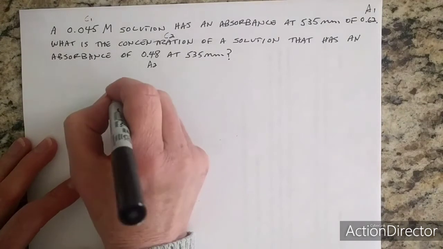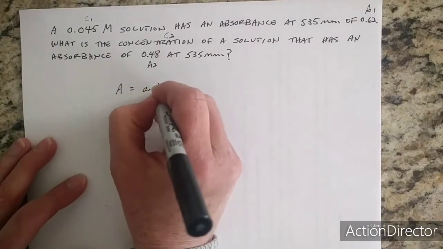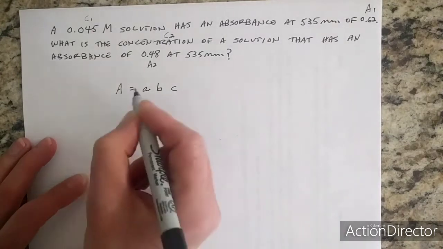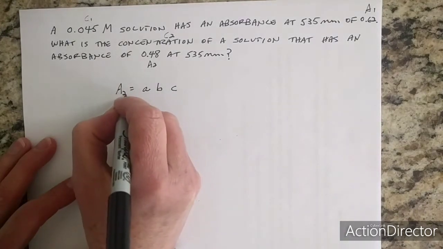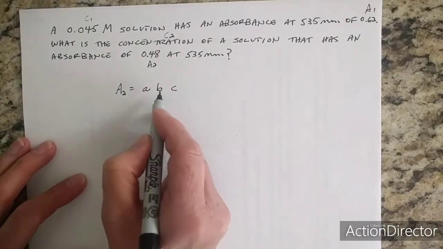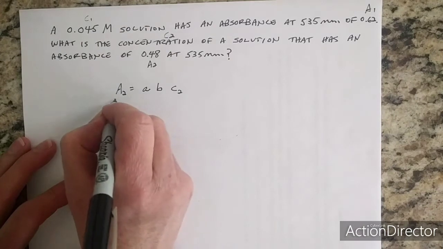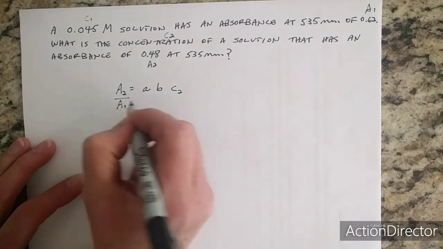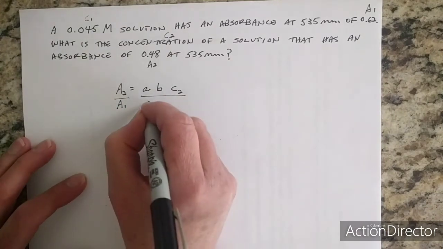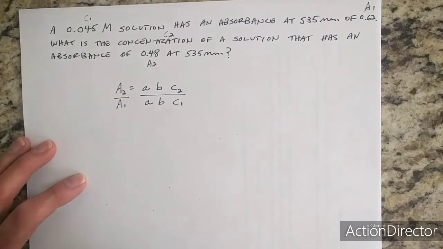All right, so we have our equation that A, the absorbance, equals abc. So we can say that A2, our second absorbance, equals a times b times C2, our concentration. And we can put that over A1 equals a, b, C1.